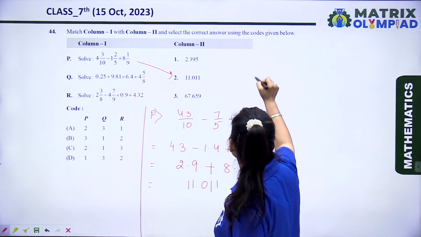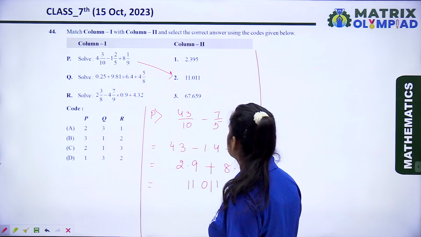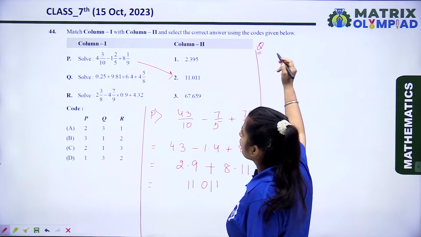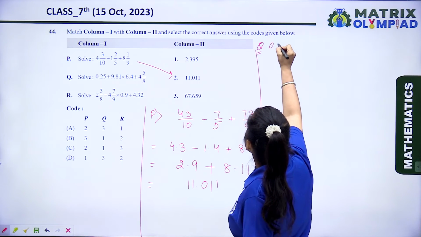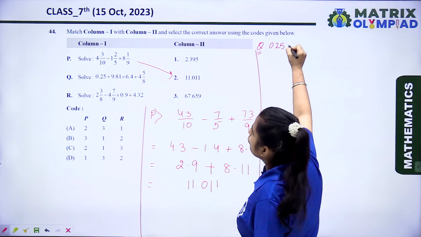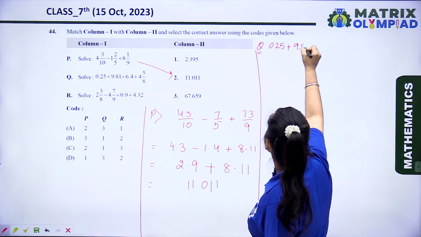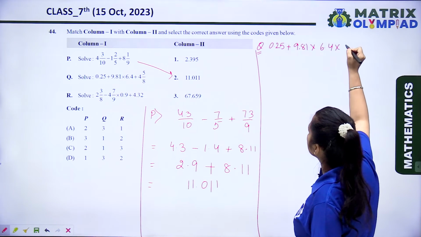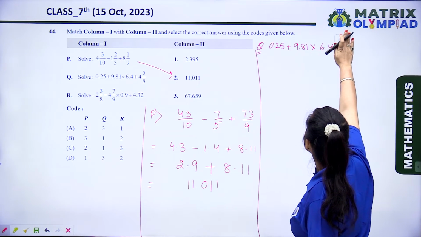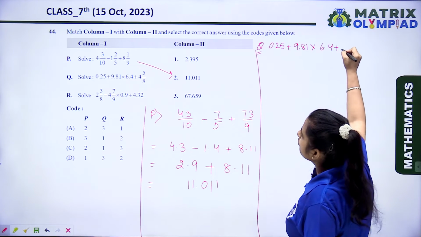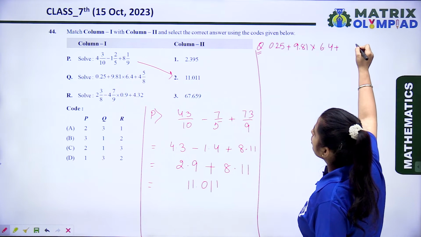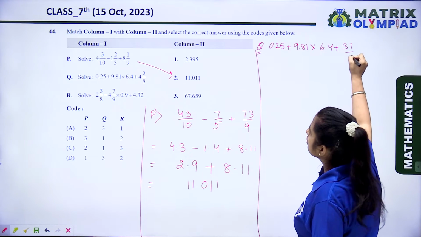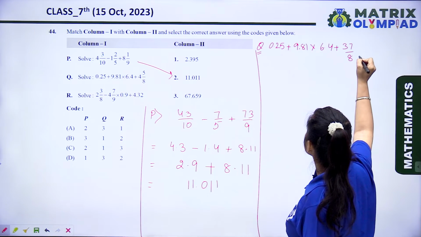Now let's solve the next part, that is Q. Here all the numbers are in the decimal. 0.25 plus 9.81 multiply by 6.4 multiply plus 37 upon 8.